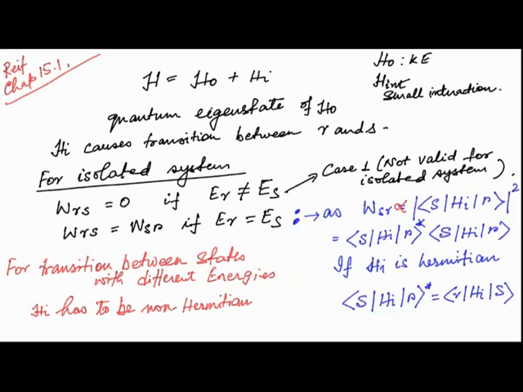It's from there that it comes. But for transitions between different states with different energies, Hi necessarily has to be non-Hermitian, and only then can you go from one state to the other where the energies of the two states are not the same, right? This will be taught during transition probability in some quantum mechanics course, or something like that.